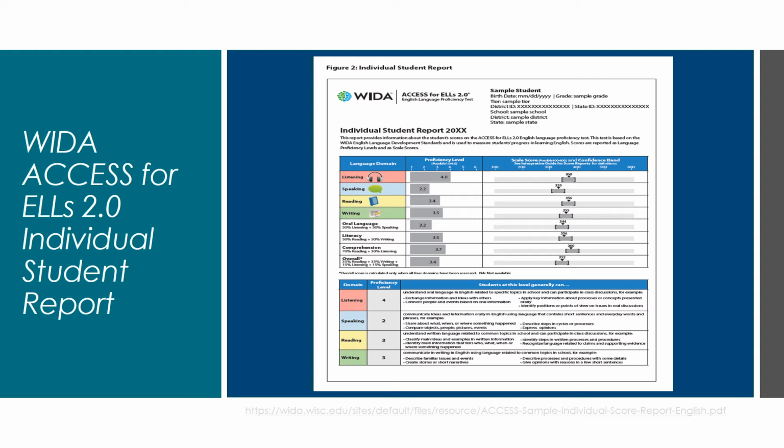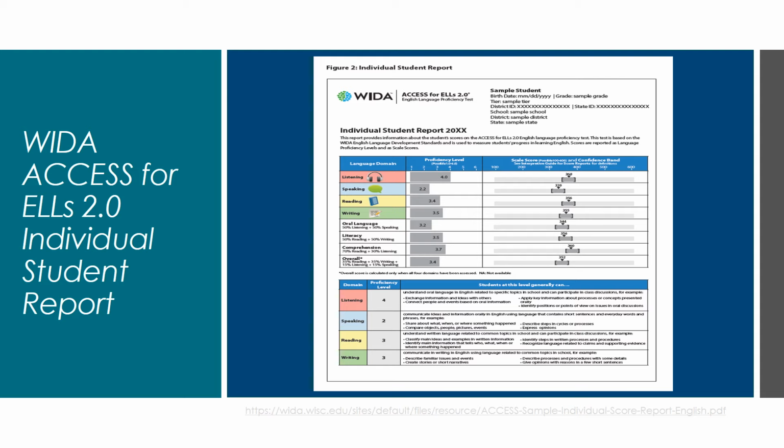One of the pieces of information that your district or charter school will receive is the individual student report. In this report, you see the levels of listening, speaking, reading, and writing that your students had at the point when they were assessed.